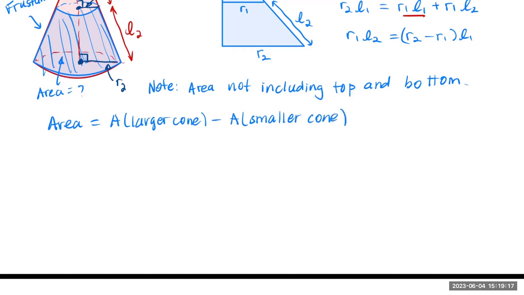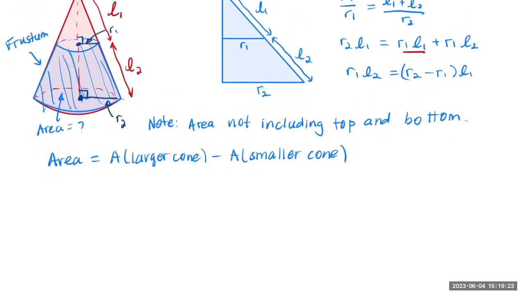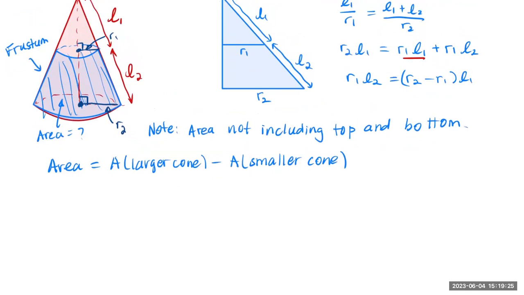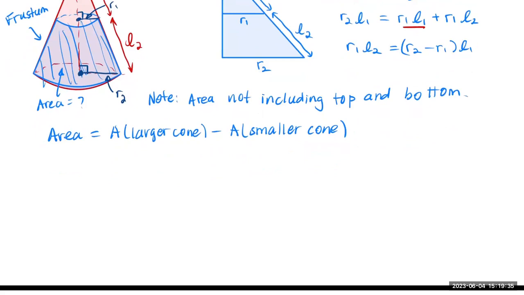Okay, so now we could say that the area of the large cone is just going to be pi times R2, and we also have to add the slant height, so that's going to be L1 plus L2. So what we have is pi R2, so no squared here, and we multiply that by L1 plus L2.